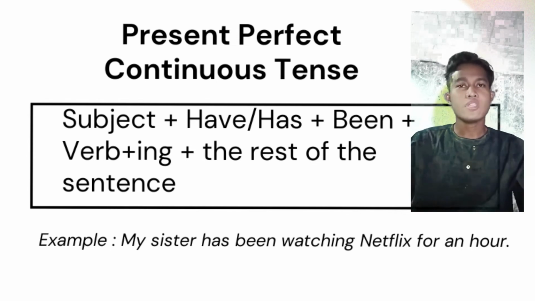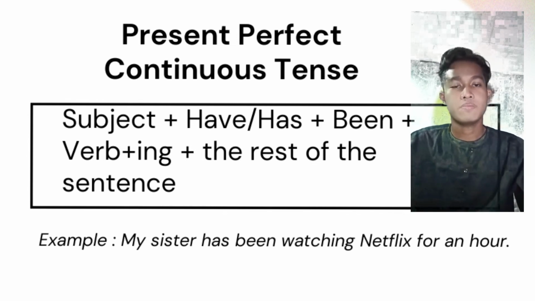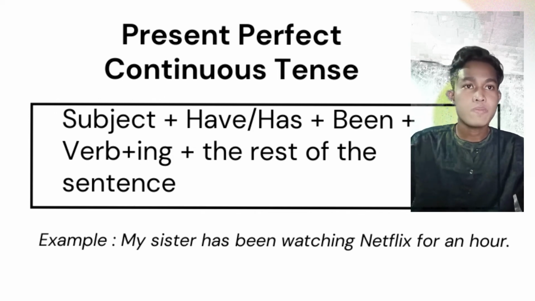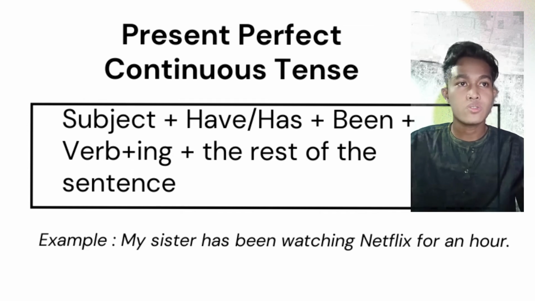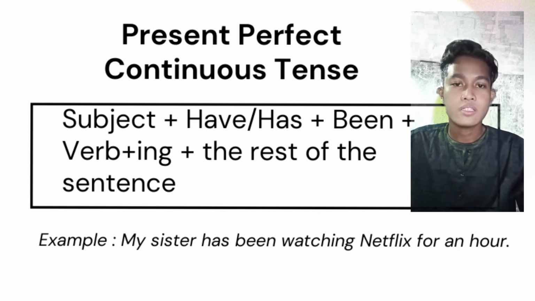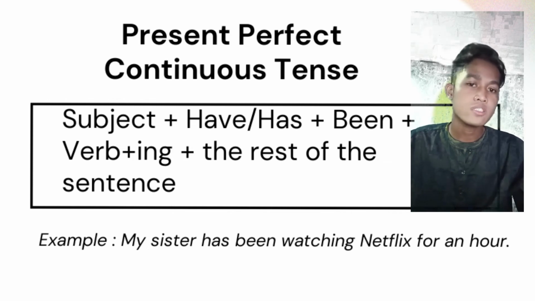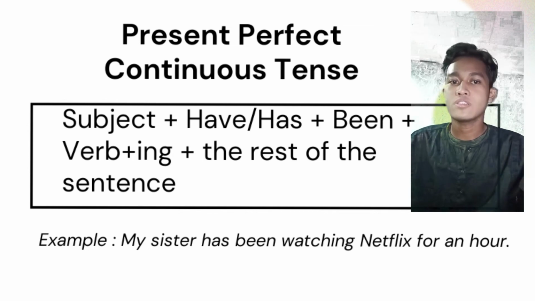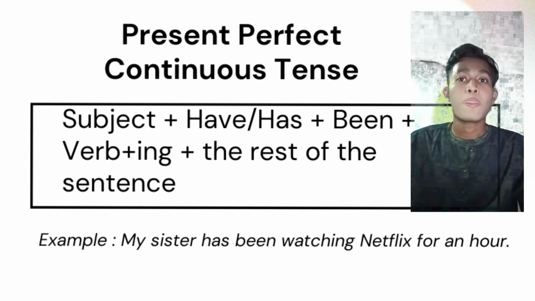The definition of the present perfect continuous is a form of the verb used to express an action that has been completed at some point in the past, or an action that began in the past and continues until now.